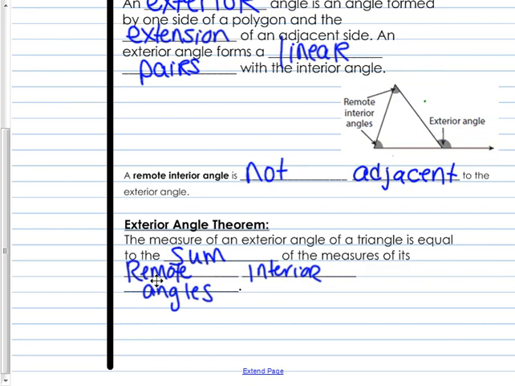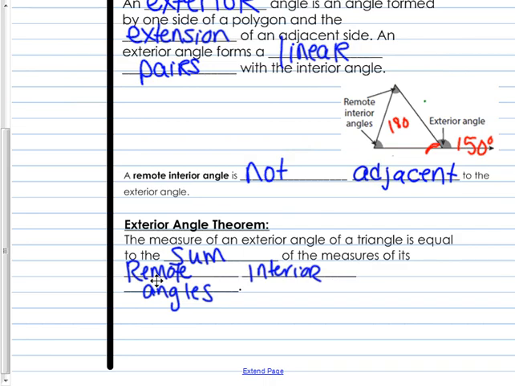How many degrees are in a triangle altogether? Well, we know it's 180 degrees, all three angles. The exterior angle forms a linear pair, like we just said, with this interior angle. A linear pair is also 180 degrees. So let's pretend this exterior angle is 150 degrees. How much does this interior angle have to be?